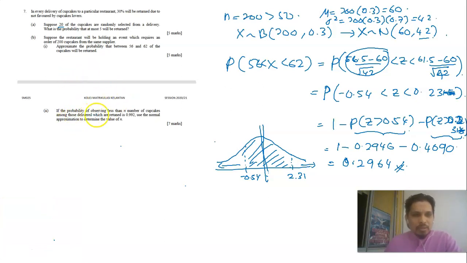And the last final one: if the probability of observing less than n number of cupcakes among those which are delivered is 0.992, use the normal approximation to determine the value of n.